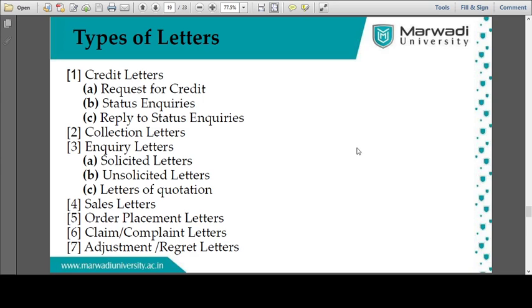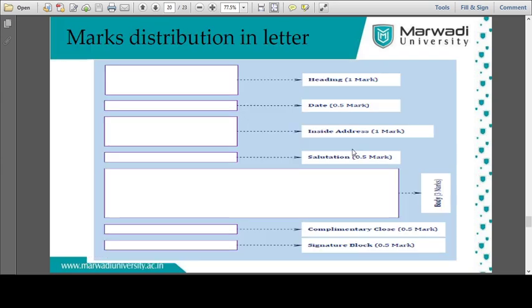Now, after the types of the letter, what you can see on your screen is the marks distribution in a letter. So this is how the marks will be distributed from your exam point of view. For heading there will be 1 mark.